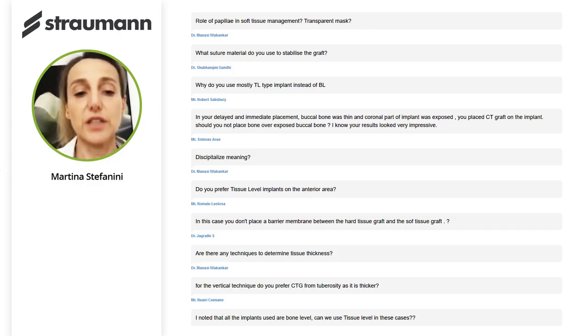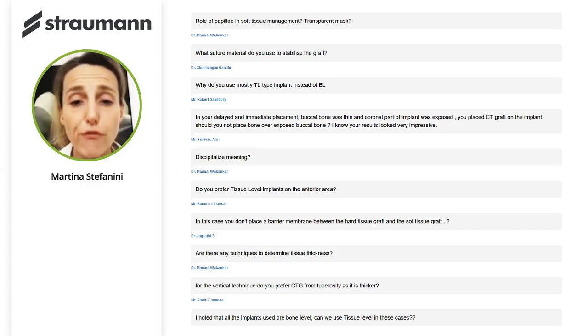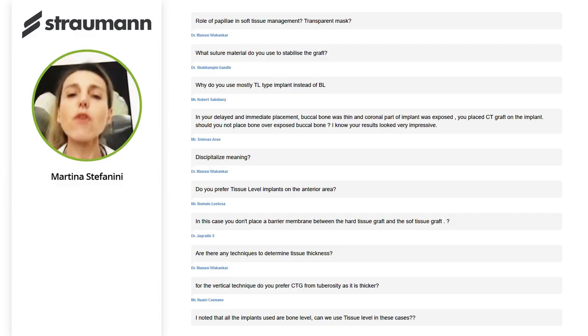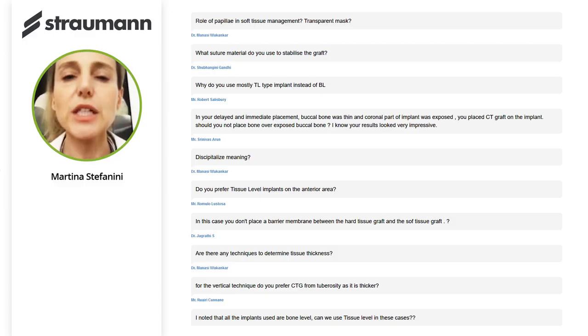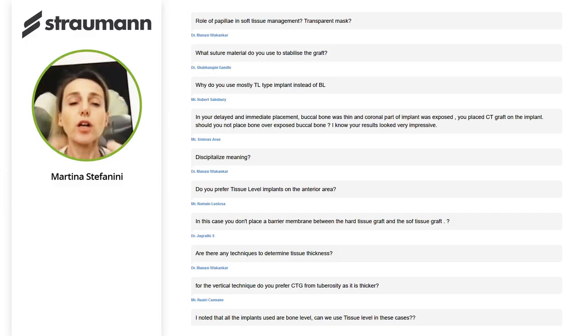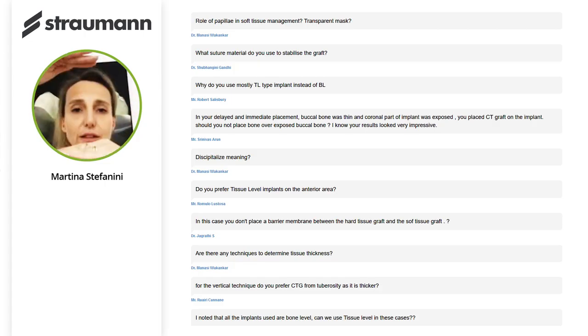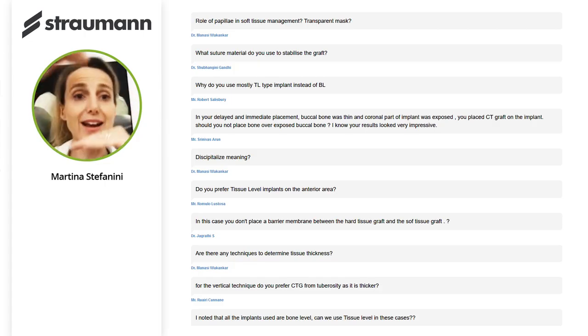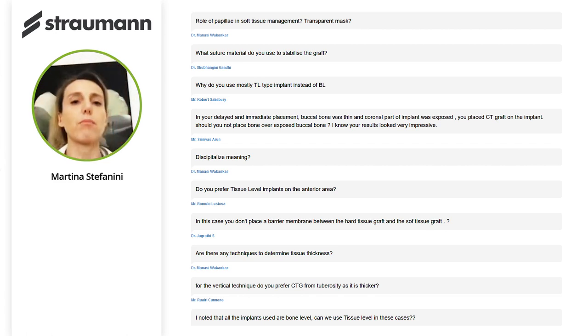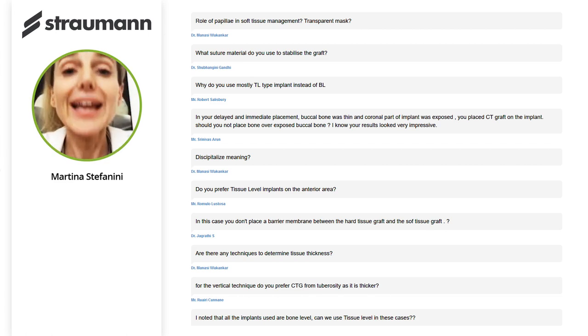damaging the tissues. Why don't I perform the tunnel technique? I don't perform the tunnel technique because with the tunnel technique, you are not able to see exactly the bone crest, so you don't know if the height of your connective tissue graft is positioned above the buccal bone crest. You cannot coronally advance the flap enough.